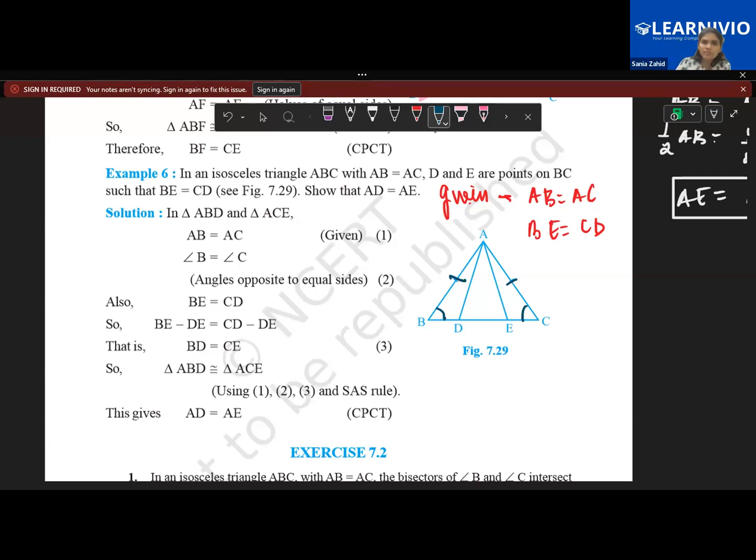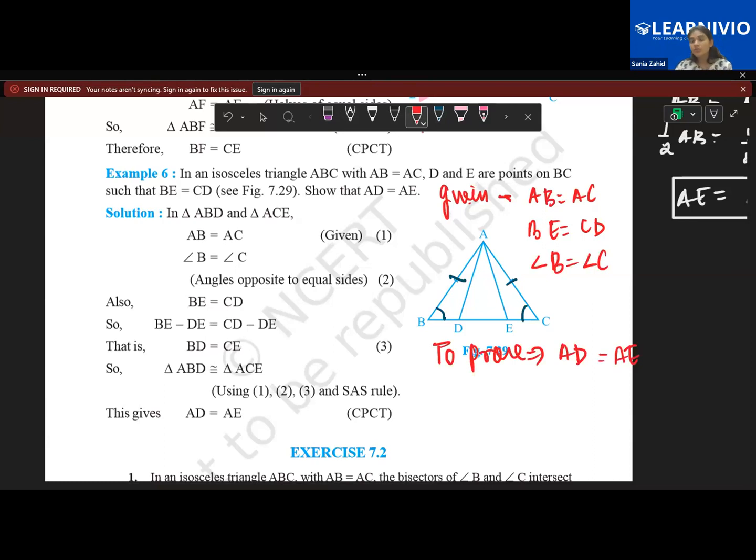Then, this also comes in the given part only, since it's given that it's an isosceles. So let's just write angle B is equal to angle C. I'll tell you why in a while. Now what you have to prove? So write, to prove that AD is equal to AE.